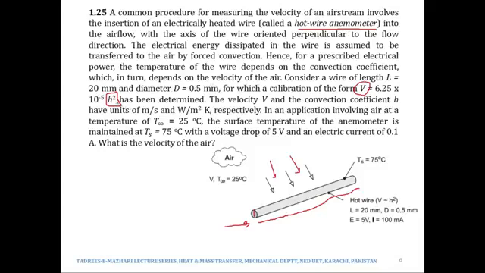And how the instrument will calculate h, there is a very simple answer to it: it would be using q = hAΔT.